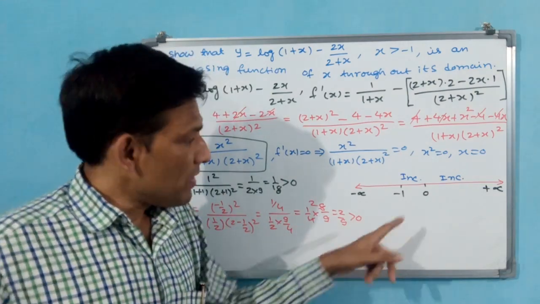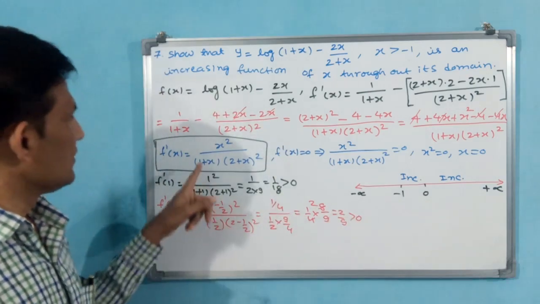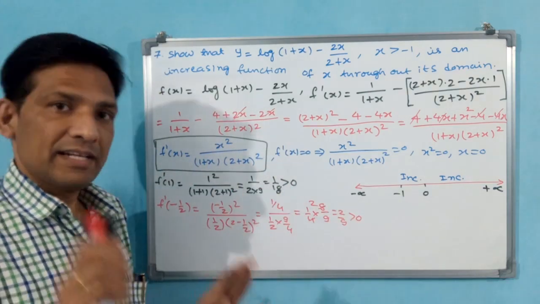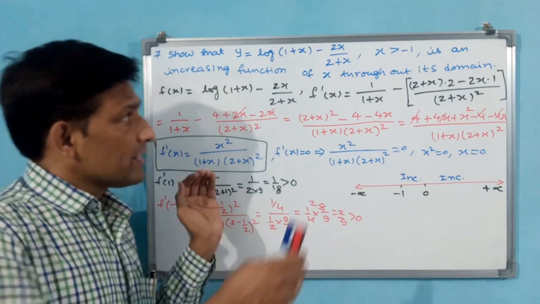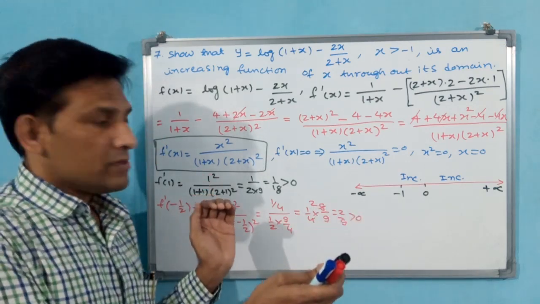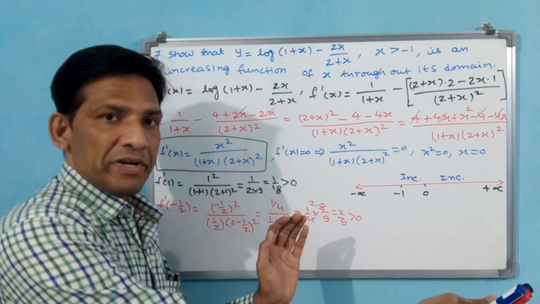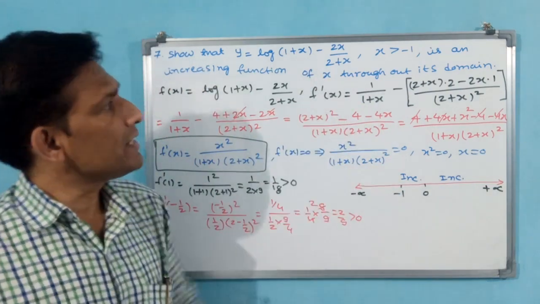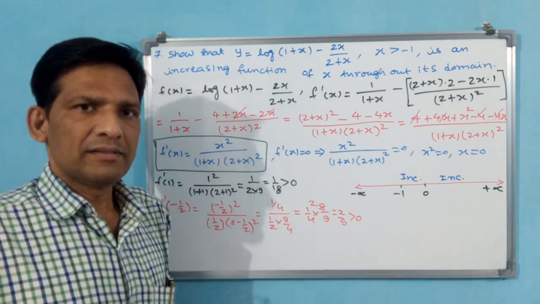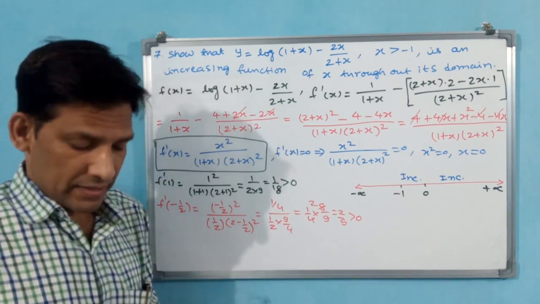See, here you may ask, sir, at 0, how can you say that this is increasing? You see, 0 you are not taking, but you can take minus 1 to 0 and 0 to infinity. Both are increasing. Then we can say the entire domain is increasing. That's all. Okay, like that also you can say.